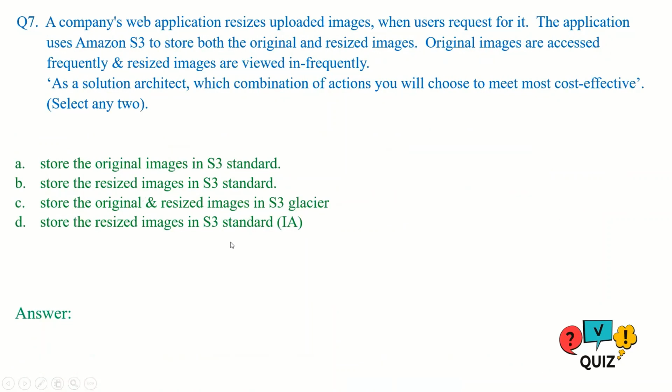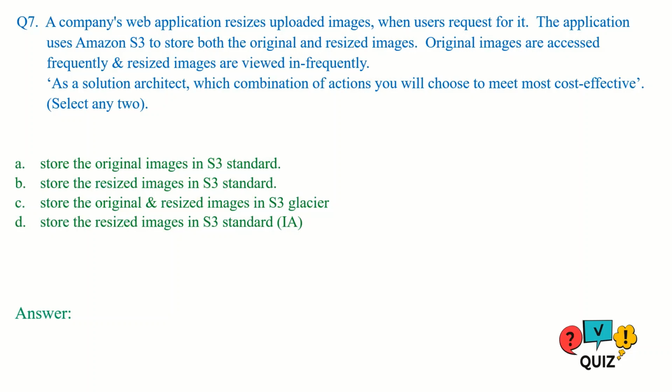This is also an exam-based question. So this is how the questions will be. The question will be big enough that it takes a lot of time for you to read and understand. A company's web application resizes uploaded images when a user requests it. The application uses Amazon S3 to store both the original and resized images.